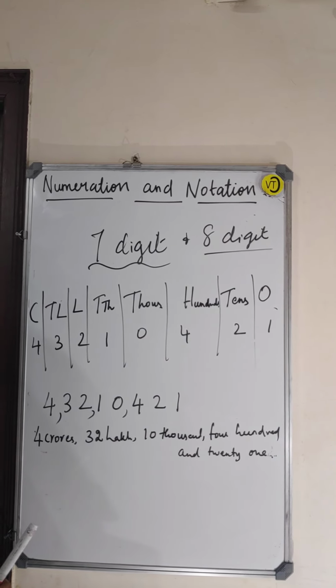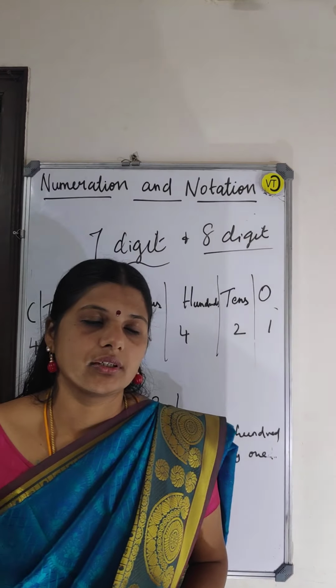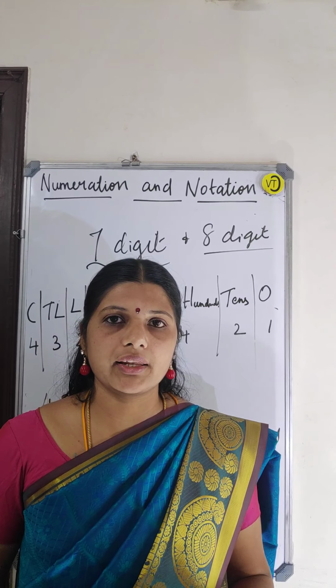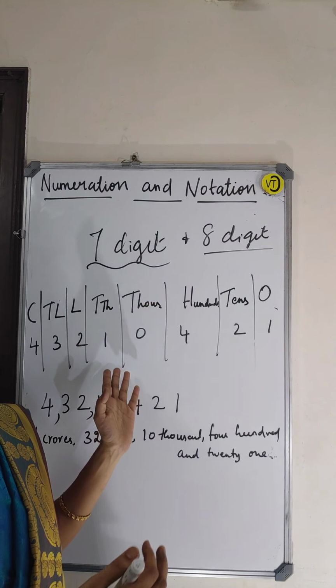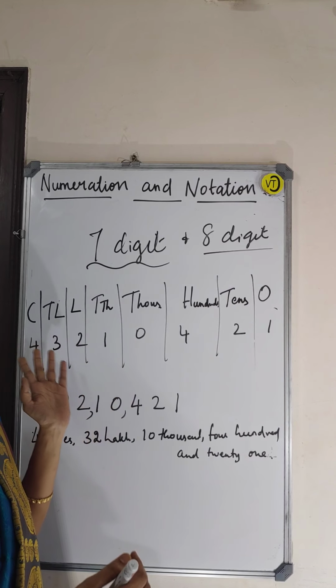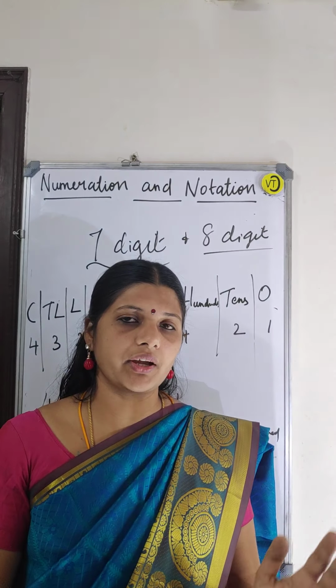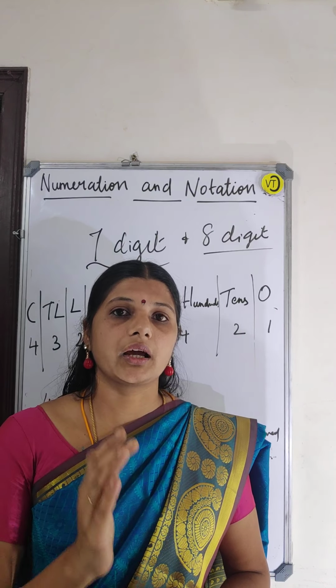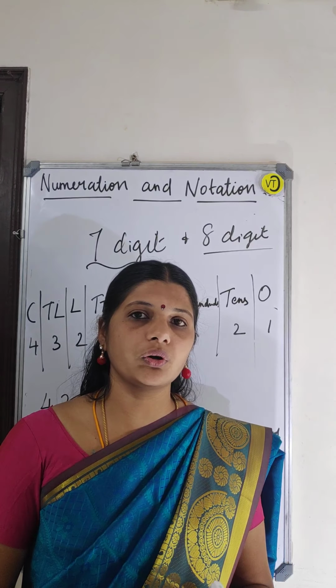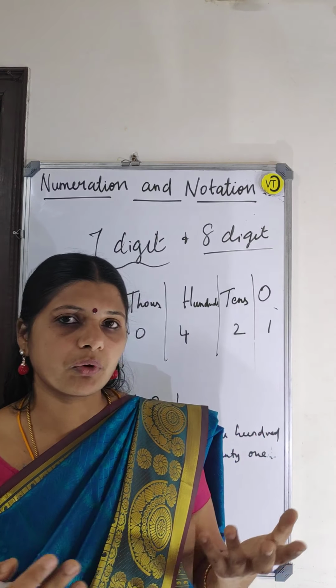So the last one is the International Place Value Chart. What we have done is the Indian system, the lakhs and crores we use in India. Abroad, if you go, they don't know about lakhs or crores.